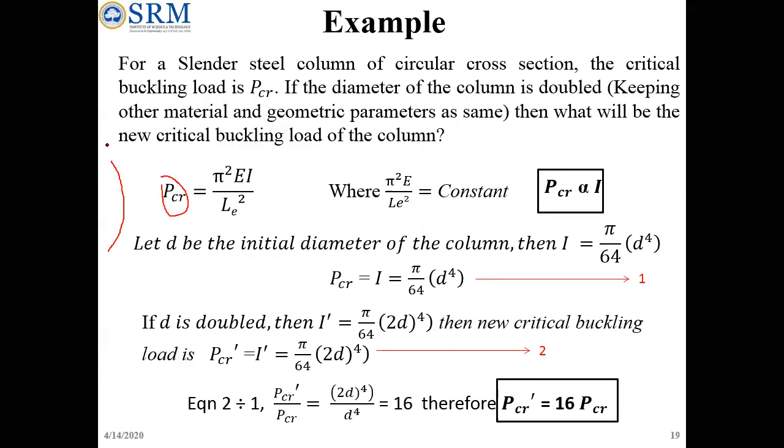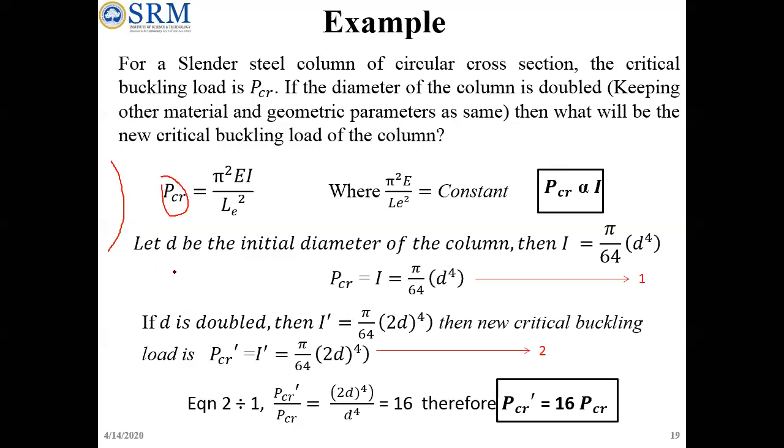And when you apply a load at which it starts to bend and does not come back to the original shape, that particular load is called the critical load. So that is the critical buckling load. For a smaller load, it will bend, then when you release the load, it will come back to the initial position. But when the critical buckling load is reached, it will not come back to the original, that is, to the vertical position.